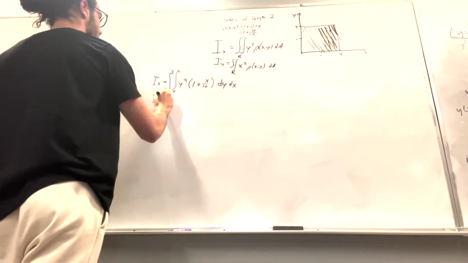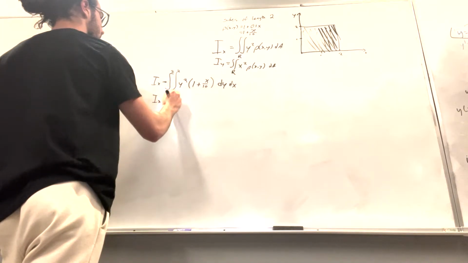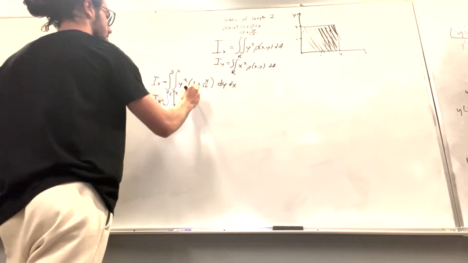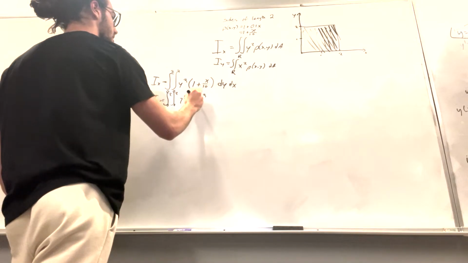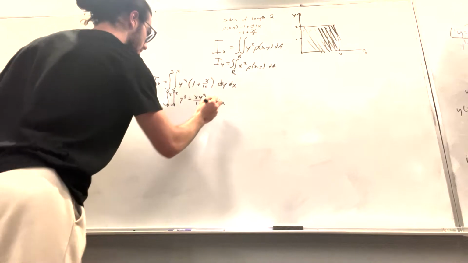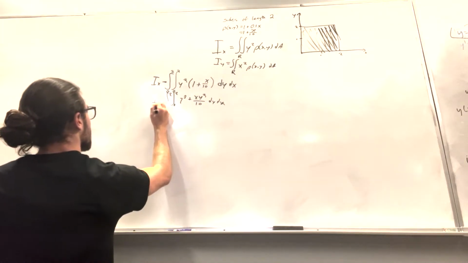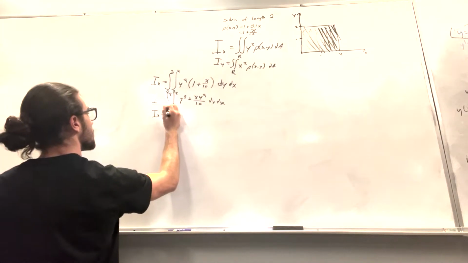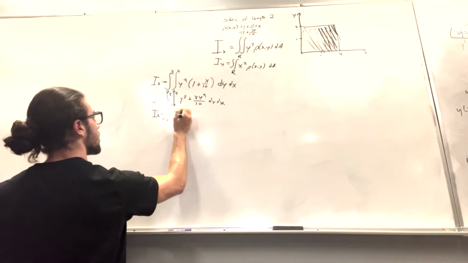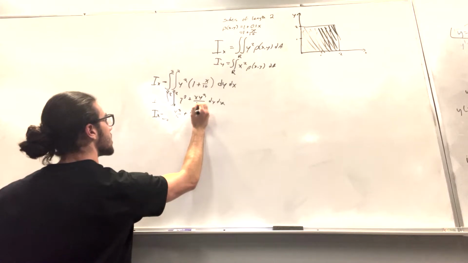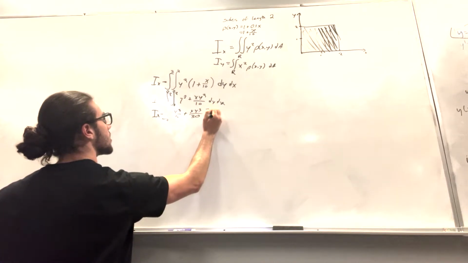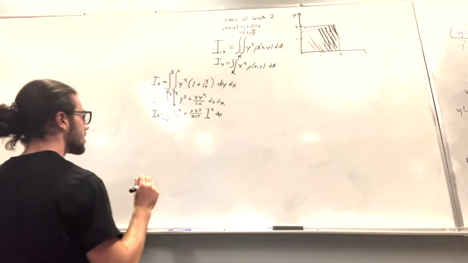So I of x is equal to the integral from 0 to 2, 0 to 2 of y squared, distribute, plus x y squared over 10, dy dx. We're going to do this integral first. So with respect to y, we get y cubed over 3 plus x times y to the third over 30, from 0 to 2, dx.